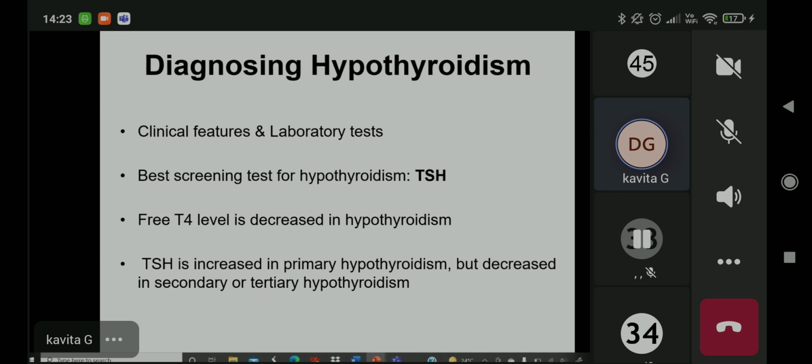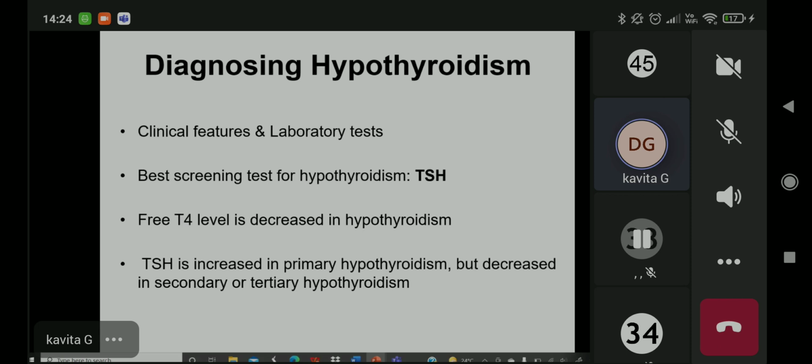So basically, you can see whether a patient is hypothyroid by analyzing the TSH. TSH is increased in primary hypothyroidism, but it is decreased in secondary or tertiary hypothyroidism. What does this mean? The thyroid is producing T3 and T4.